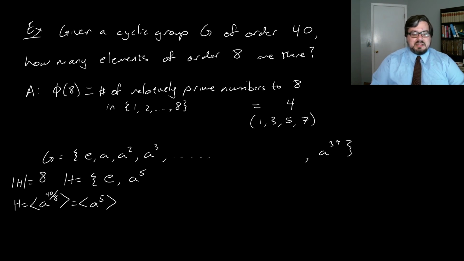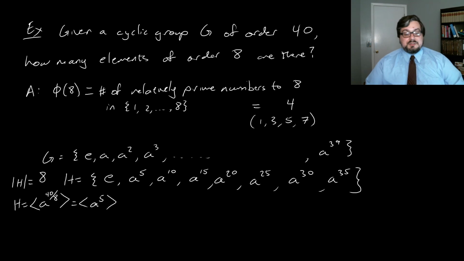That gives us e, a to the 5th, a to the 10th, a to the 15th, a to the 20th, a to the 25th, a to the 30th, and a to the 35th. So there's our unique cyclic subgroup, in fact our unique subgroup, of order 8.